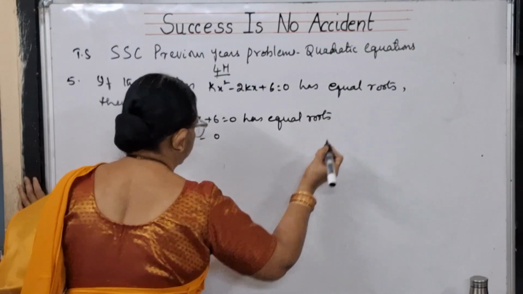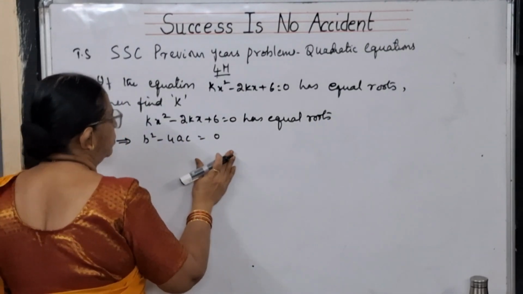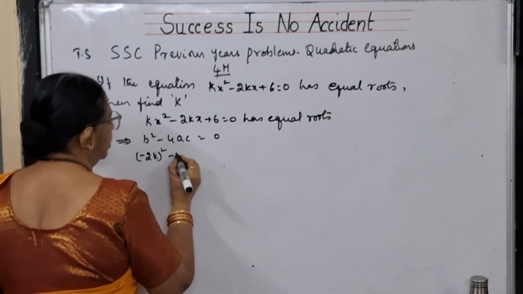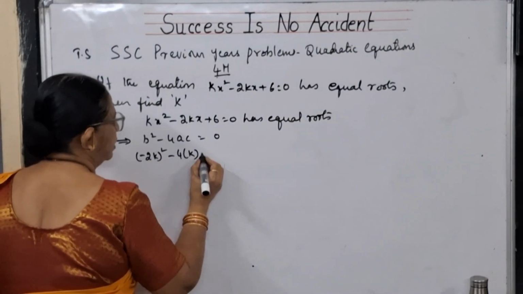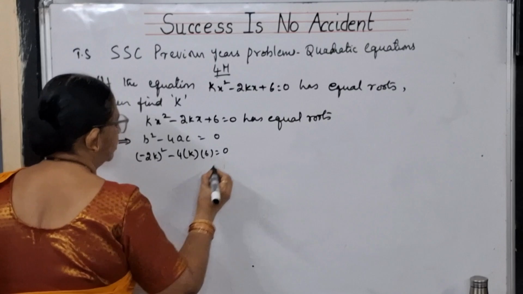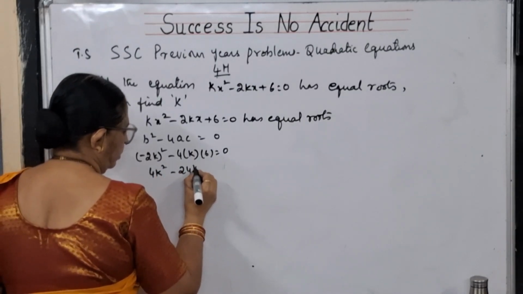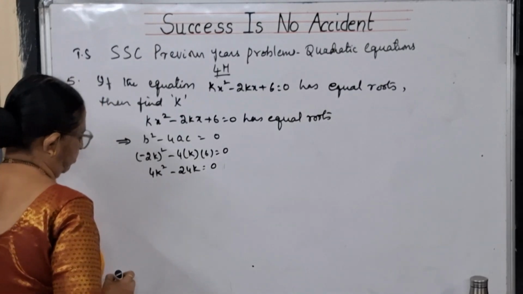This implies b square minus 4ac is equal to 0. b is minus 2k whole square minus 4 into a is k and c is 6 is equal to 0. That is 4k square minus 24k is equal to 0.